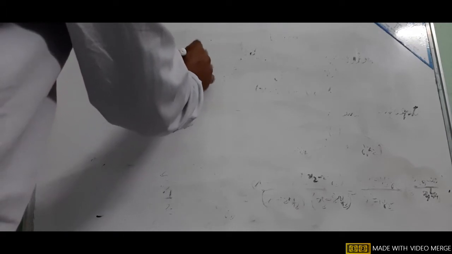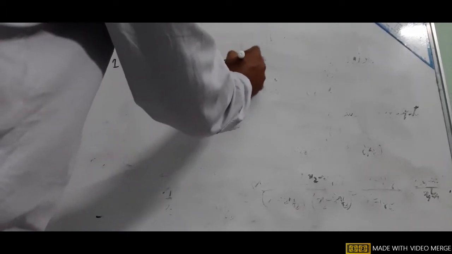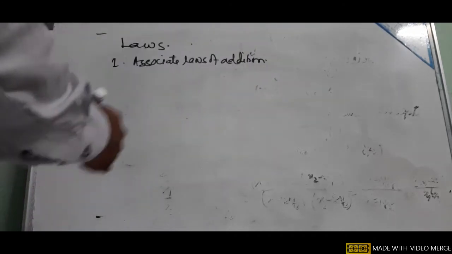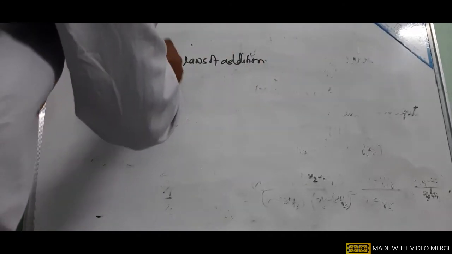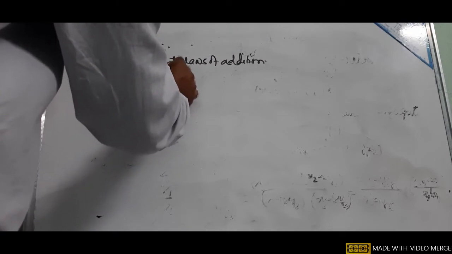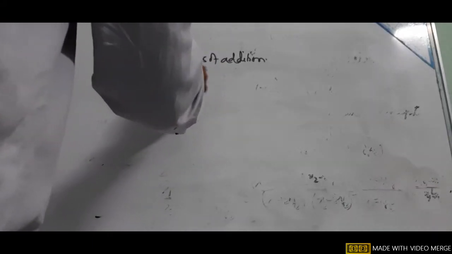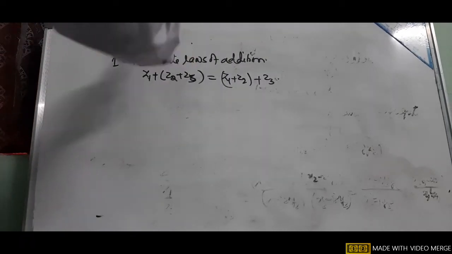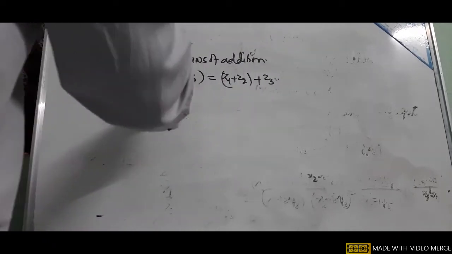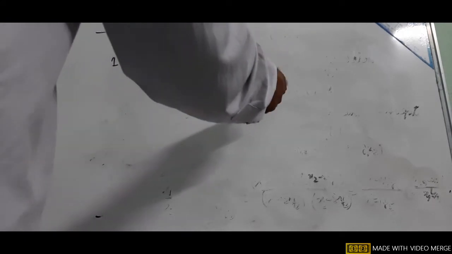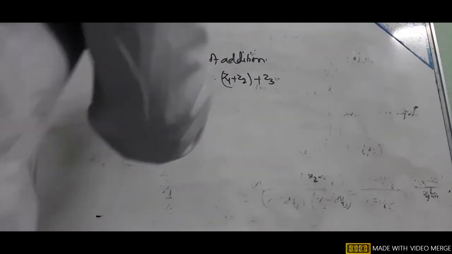If we have three complex numbers z1, z2, z3, and first add z2 and z3 and then z1, it can be written as z1 plus z2 plus z3. So first we add 2 and 3, then 1, which is equal to first adding 1 and 2 and then 3. That is known as the associative law of addition.